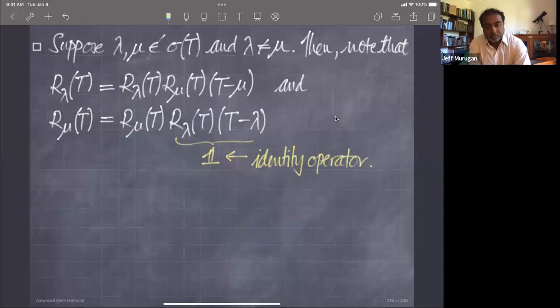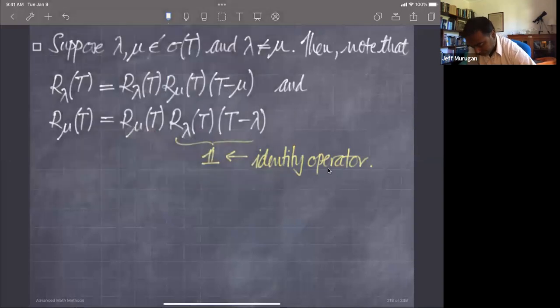Okay, so now it should be fairly clear that if I take the difference between R lambda of T and R mu of T, then I can write this as a product of R lambda and R mu by using the two identities that I just wrote down.